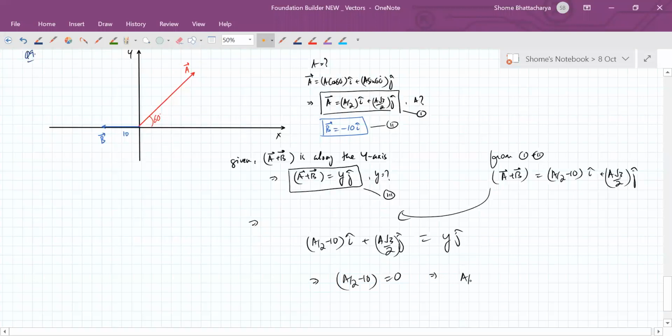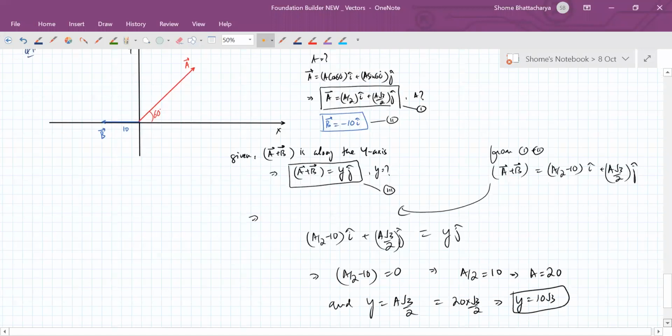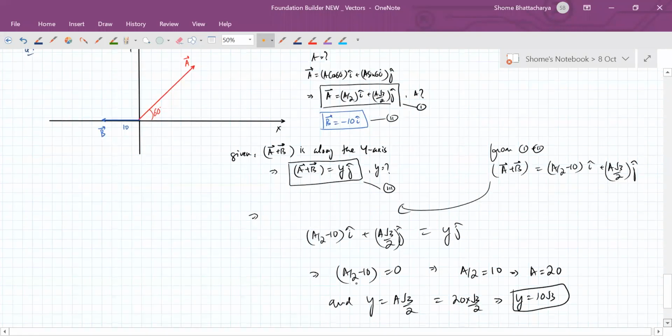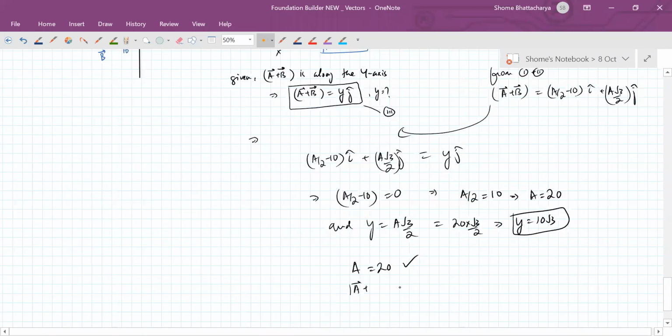So A by 2 should be equal to 10, or A should be equal to 20, and y should be equal to, so that is 10 root 3. Okay. So this tells us now both the informations, that magnitude of vector A is 20 and the magnitude of A plus B is 10 root 3.